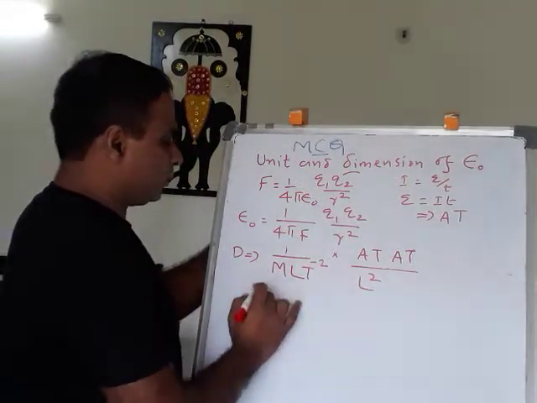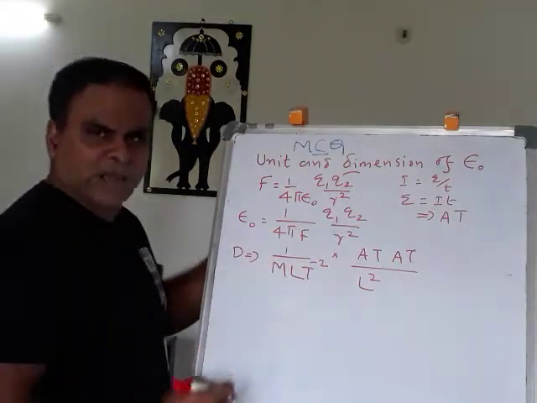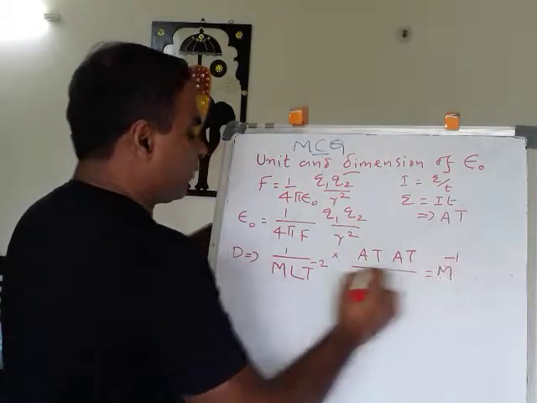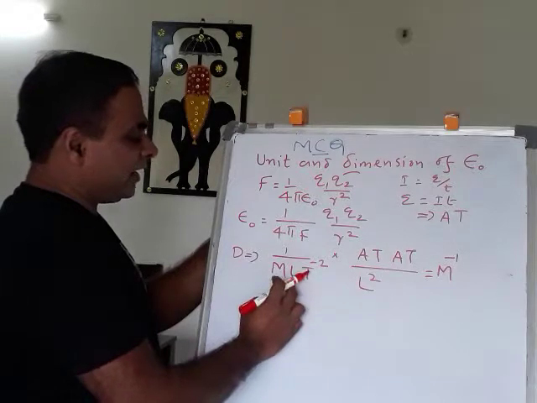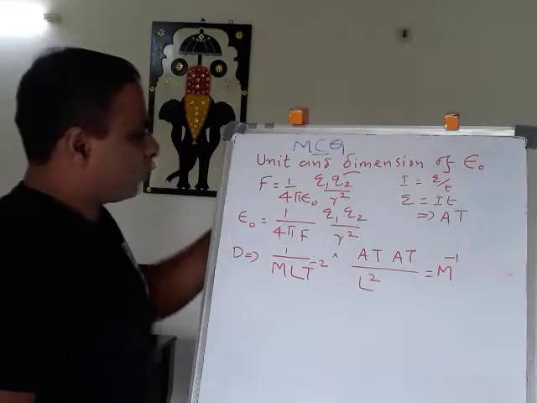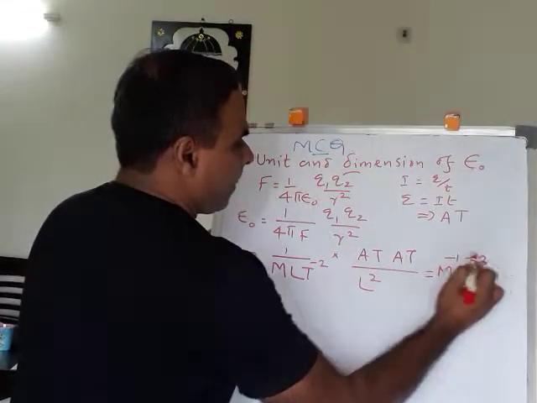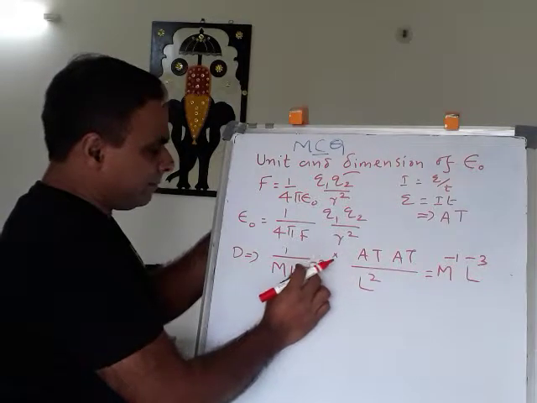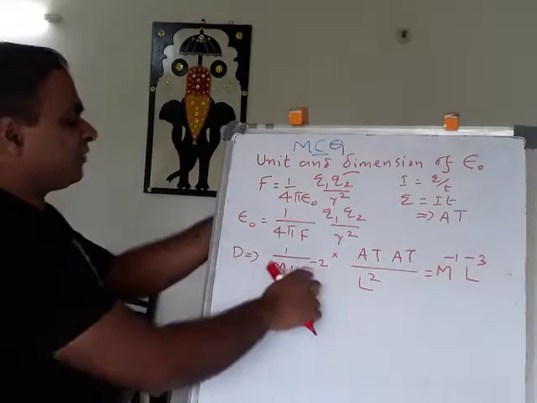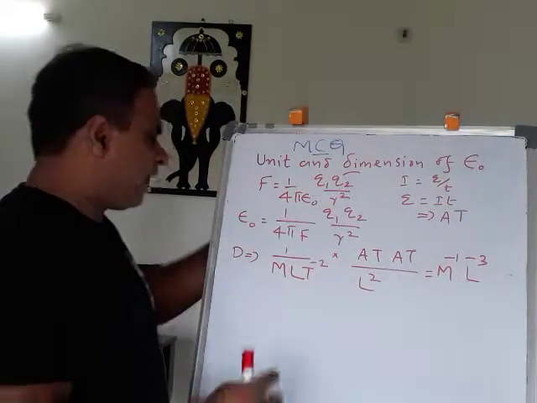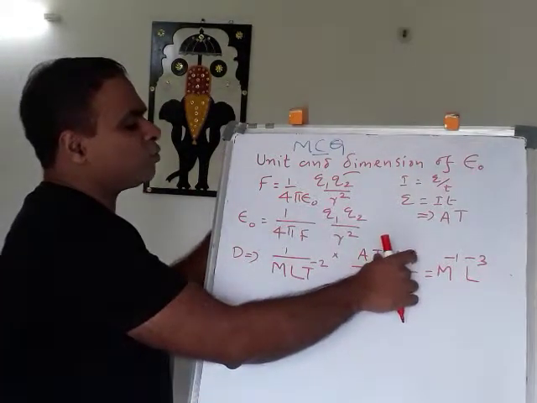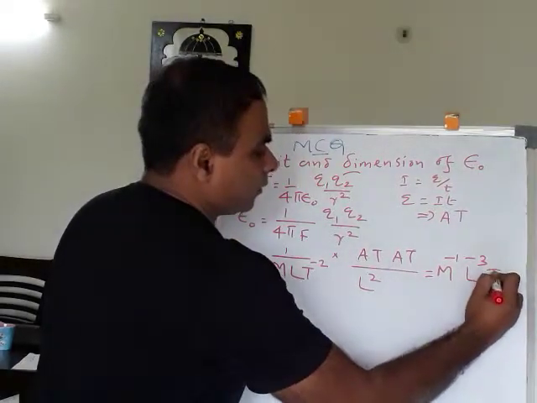Now I am compiling all the powers by the law of exponents. So it would be M raised to minus 1. Next is L. What is L square and L cube? There is no other L term there. So L raised to minus 3. Then I am coming to T. We have T raised to minus 2 and T square. Here 1 by T raised to minus 2 is T raised to 2, and T raised to 2 into T square is T raised to 4.